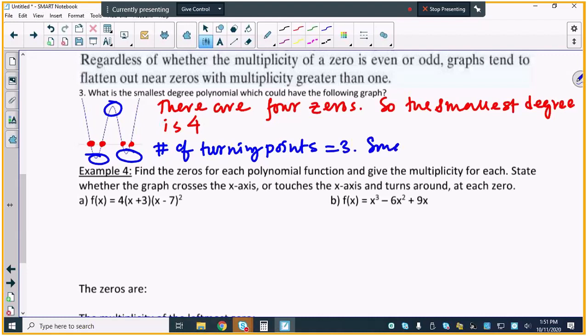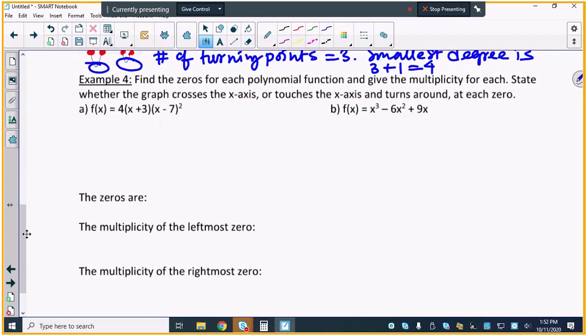So the smallest degree, because I say at most, is n plus 1, so that should be 4. Remember, number of turning points is n minus 1. So if you know the number of turning points is n minus 1, then the degree n is turning points plus 1. So that's why I added the 1 and I got 4. So in either way, I would say that the smallest possible degree of this polynomial is 4.